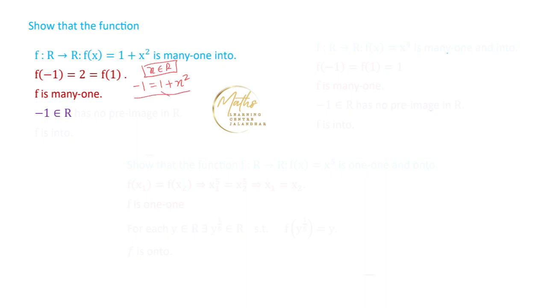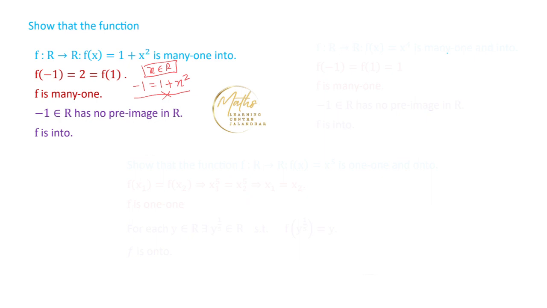We cannot find any real number for which 1 plus x square is minus 1. So minus 1 has no pre-image in R, and this function is an into function.